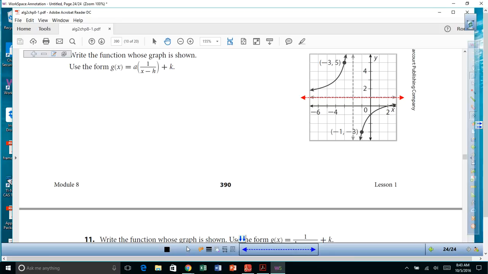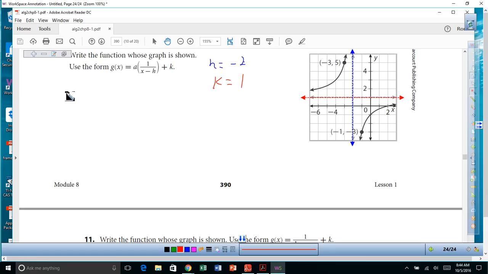We have a vertical right here, and that gives us something. Let's see, the vertical, and that's what, 1, 2. So h is -2, and the horizontal is 1. So k equals +1. Okay.